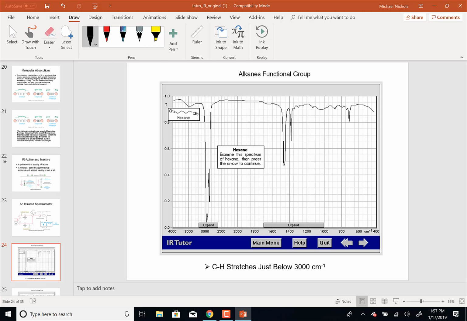Okay. So that's what we need to look at in terms of the different functional groups. So we're going to go through alkanes, carbonyls, and look at the different functional groups that make up each one of those stretches.